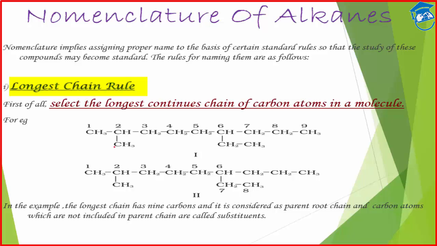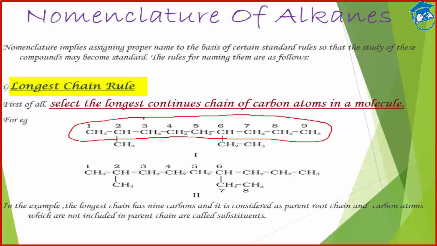You can see the longest carbon chain over here is of 9 carbon atoms, whereas this one is 8. So we will not go by this one, we'll proceed via this one, and this will become our longest carbon chain and the word root. If you recall, any name will have 3 parts.